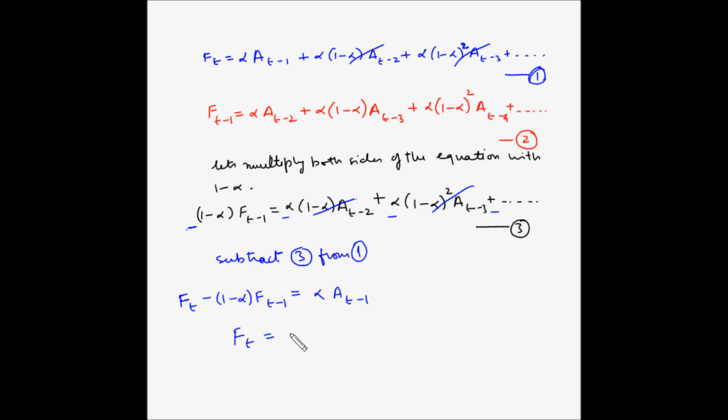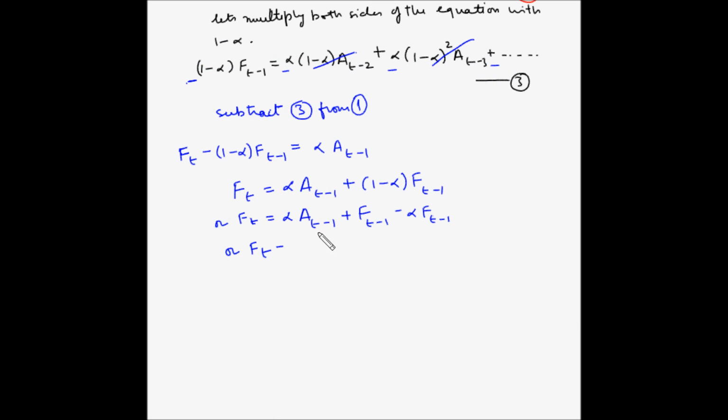So ft is equal to alpha at minus 1 plus, so minus when we bring on the other side becomes plus, 1 minus alpha ft minus 1, or ft is equal to alpha at minus 1 plus ft minus 1 minus alpha ft minus 1, or ft is equal to ft minus 1, this one here, plus, between this and this alpha is common, so we'll take alpha outside the bracket, and at minus 1 minus ft minus 1.